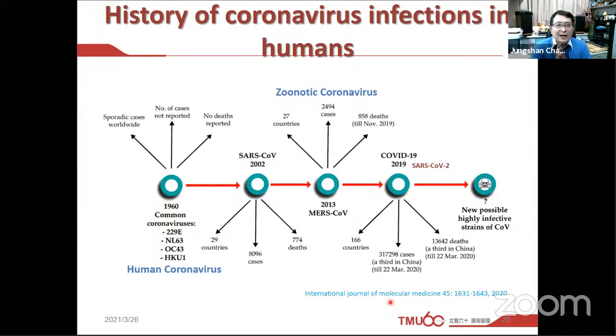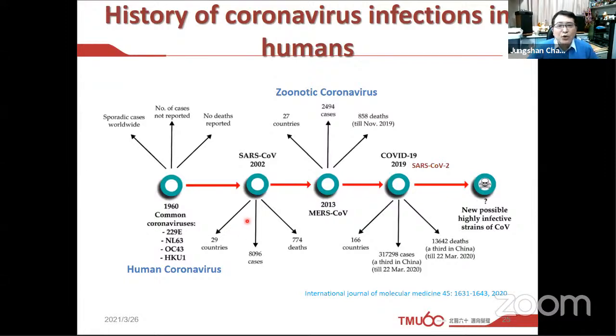So far, seven coronaviruses have been discovered. Four of them we call common coronaviruses, for example 229E, NL63, OC43, and HKU1. There are no severe case or death reports for those four human coronaviruses. The symptoms are just like a flu, a common cold, not that severe.